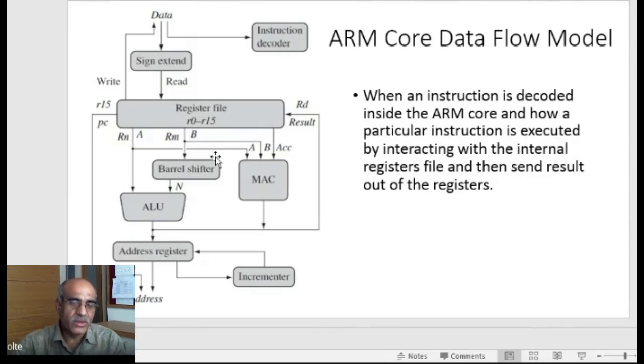Within one clock, three operations for three different instructions are getting done, and that is the beauty of the architecture. By means of this pipelining, the execution becomes much faster.